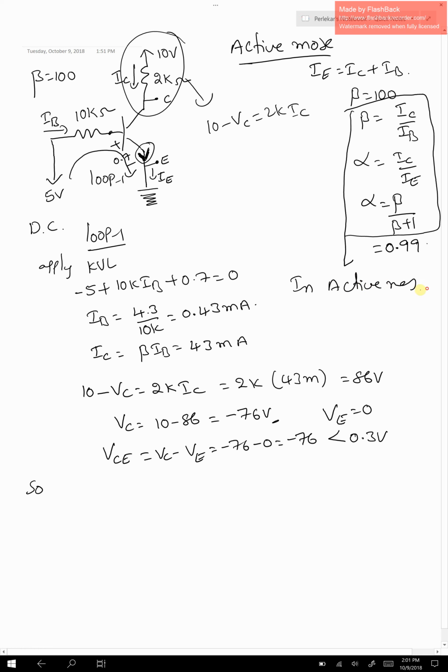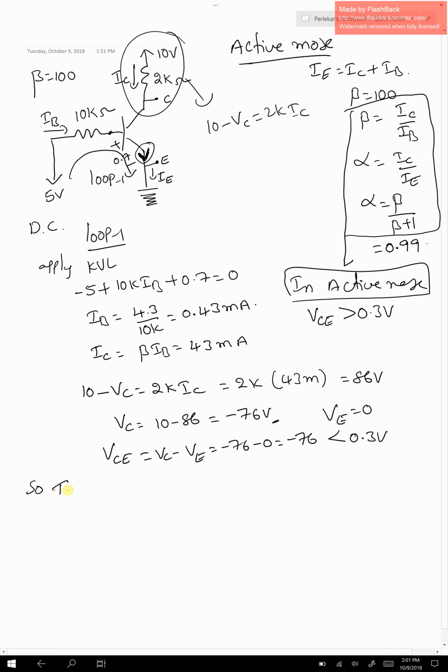In active mode, we know that VCE must be greater than 0.3 volts all the time. Only then do we know that this transistor is working in active mode of operation. In this case, our VCE is less than 0.3 volts, so it must not be working in active mode of operation.